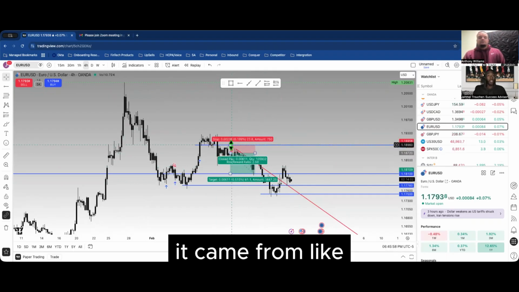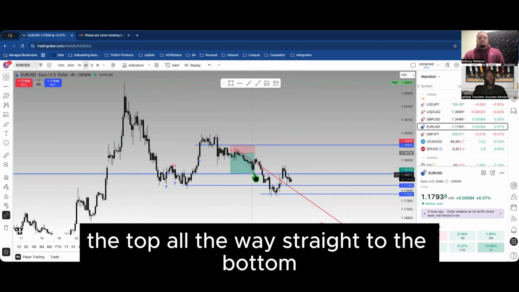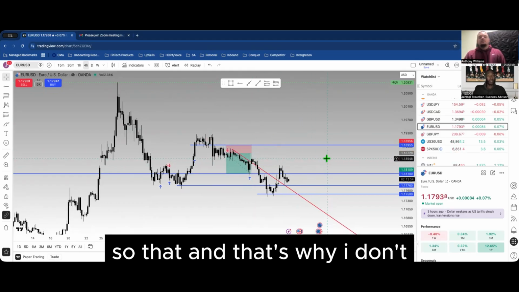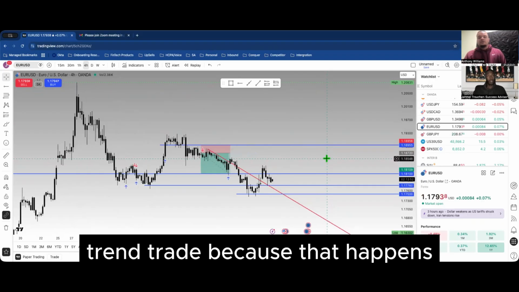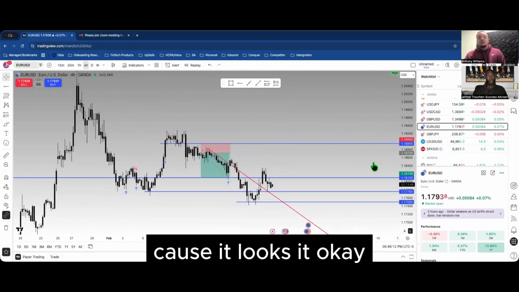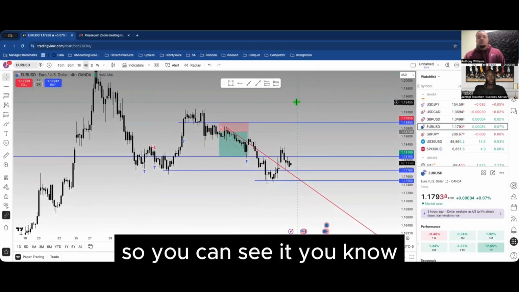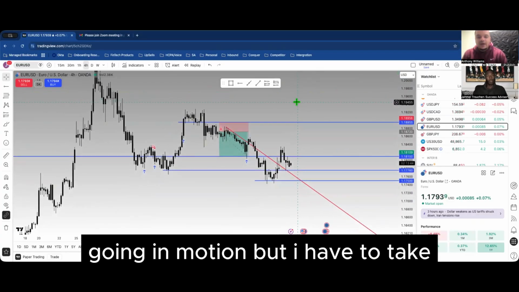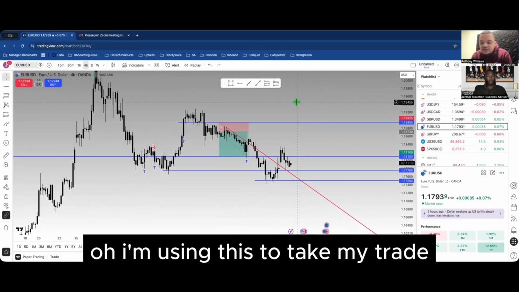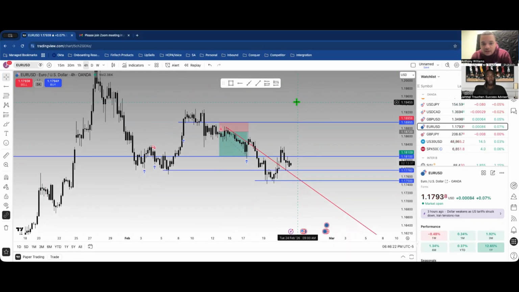It came from the top all the way straight to the bottom, respected it, rejected, and then broke above the trend line. That's why I don't trend trade, because that happens. I only use the trend line because it looks okay, so you can see it in motion, but I can't use the trend line as, oh, I'm using this to take my trade.